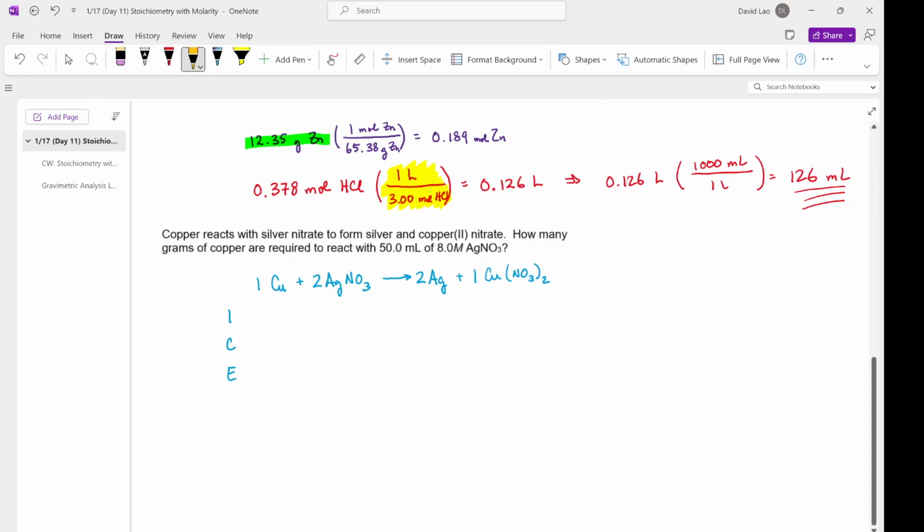Reading through the problem, it looks not too dissimilar from the problem we did before, but it's asking us to go the other way. It's asking for the number of grams of copper that are needed to react with some amount of this solution of silver nitrate. So you pour out some silver nitrate, and we need to figure out how many grams of copper we need to weigh out in order to react with it.